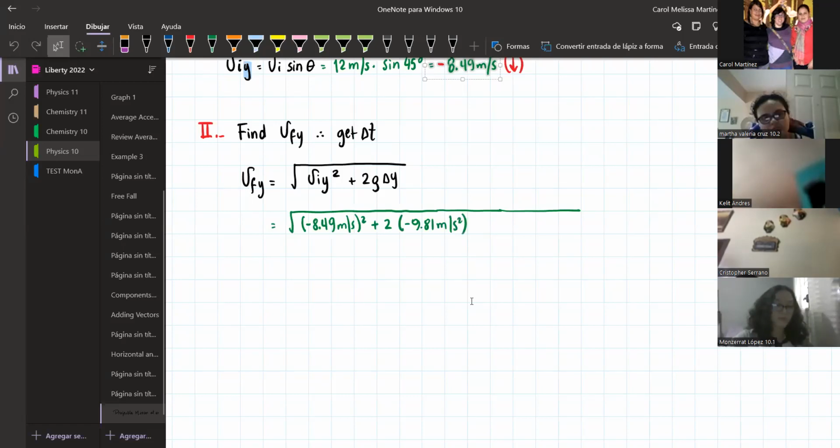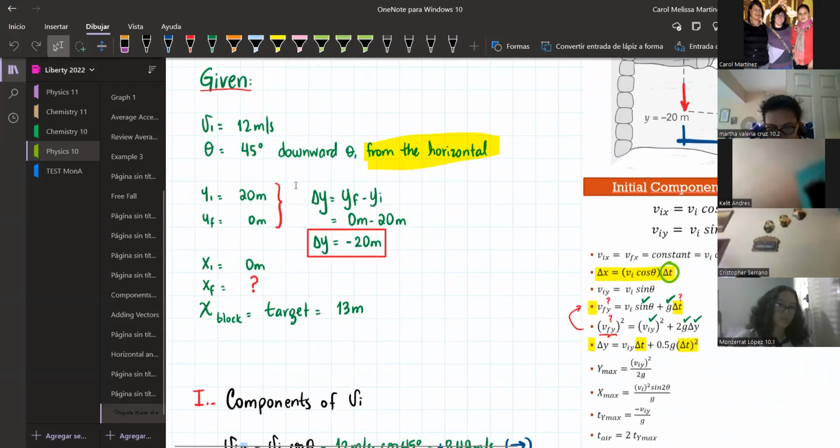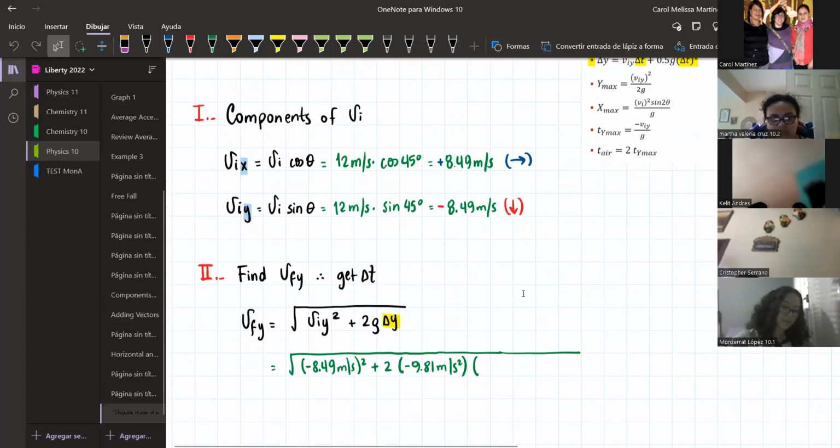Remember, this gravity is not raised to the second power. And then the value of delta y that we just got from the given. Right now we got delta y as negative 20 meters.